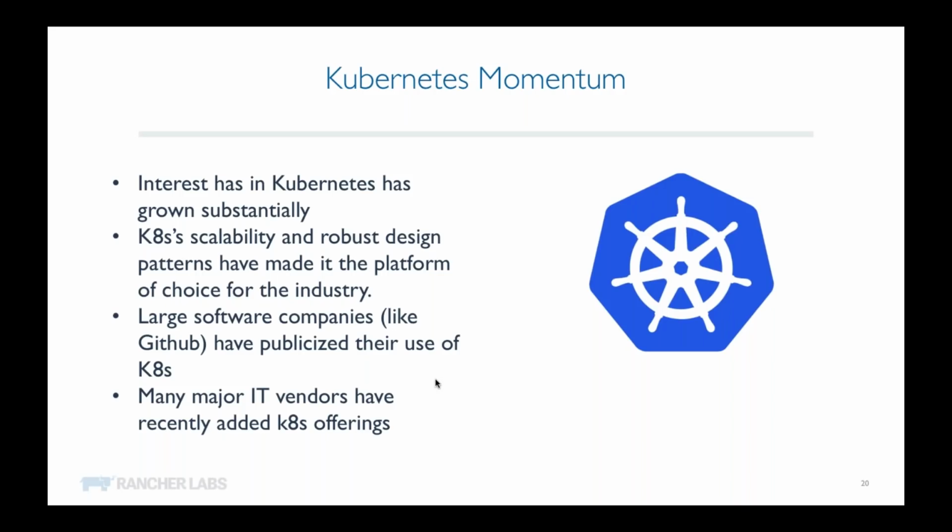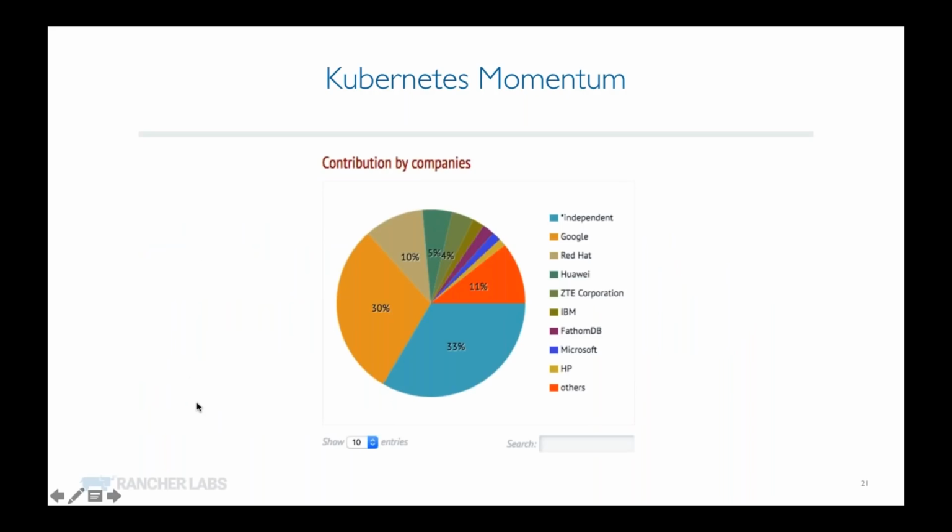So the managed Kubernetes offerings that I mentioned, whether it's Azure or Google, which has had its for a while, and Amazon, all have their managed Kubernetes offerings that you can leverage through Rancher or outside of Rancher. And here's just kind of the breakdown of the backing of different companies that are contributing back into Kubernetes.